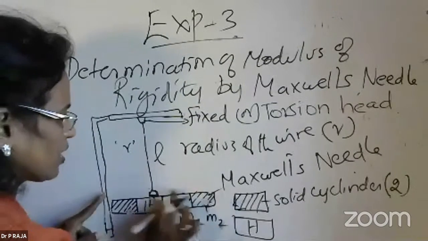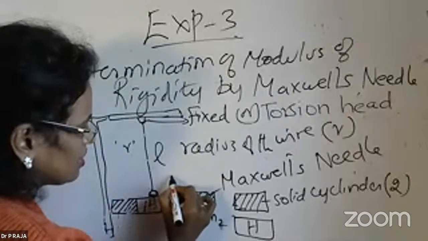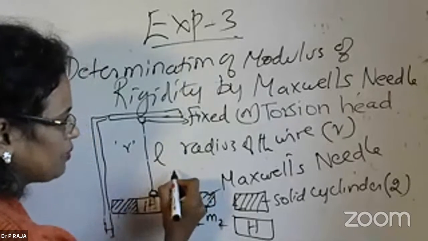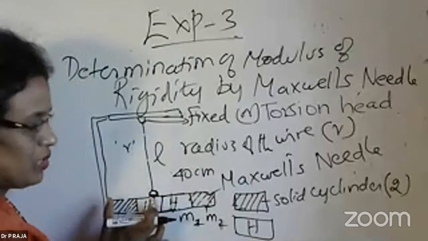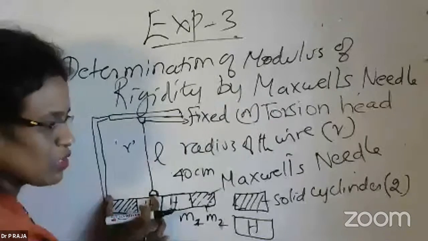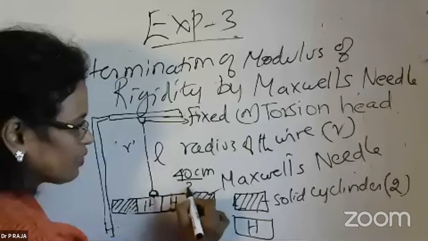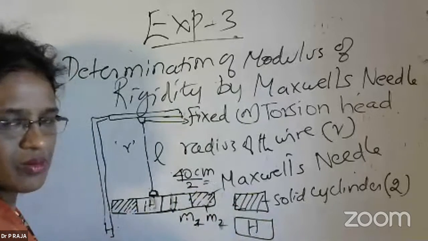This total length, if you measure it using the scale, may be 40 centimeter. Divided by 2, you will get the half length, approximately 20 point something.